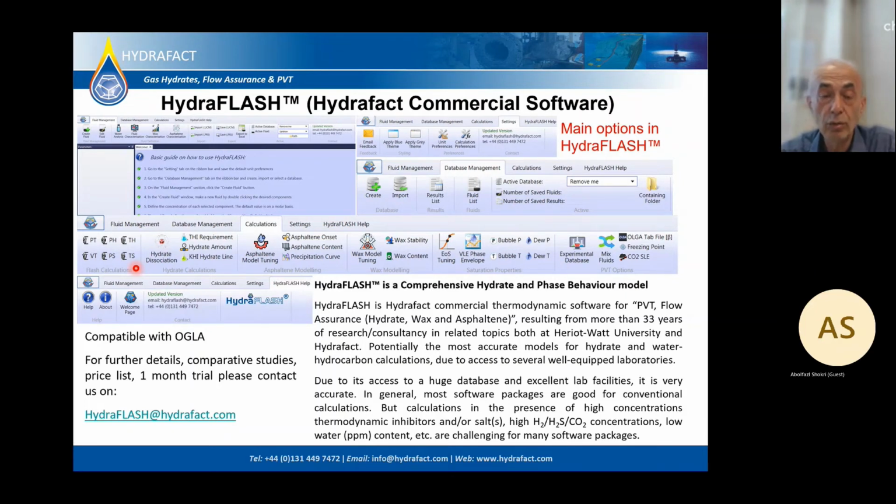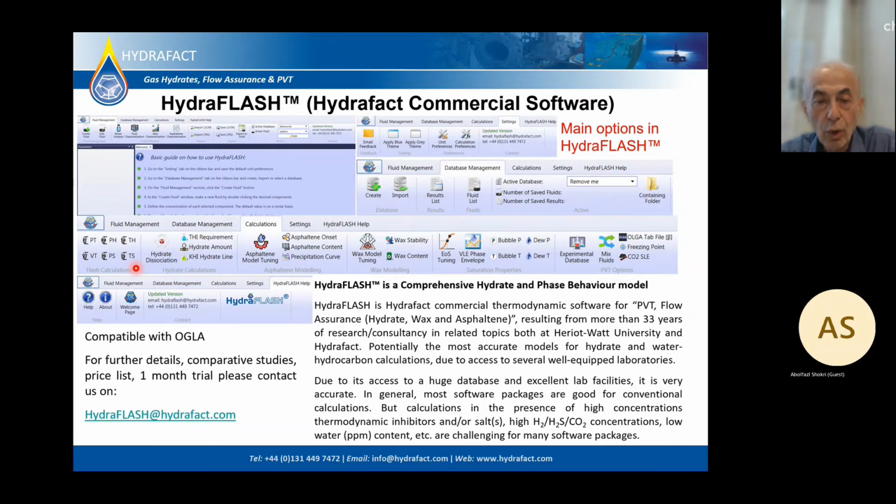Obviously, the thermodynamic model, the mixing rule and the rest are important, but the equation of state is not an exact solution. It is semi-empirical. Empirical means that it needs experimental data. So the reliability of software depends on the experimental data used in tuning it.